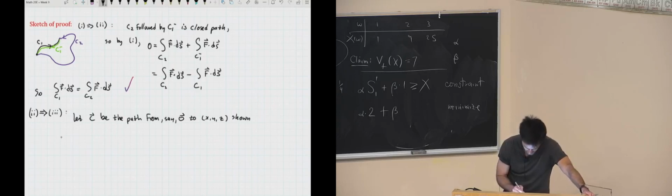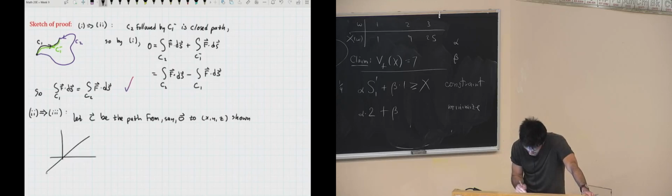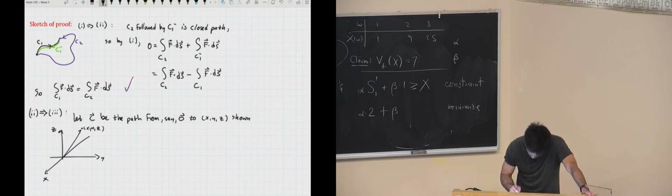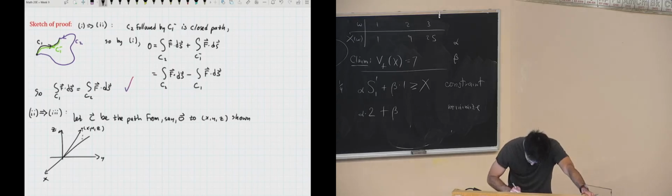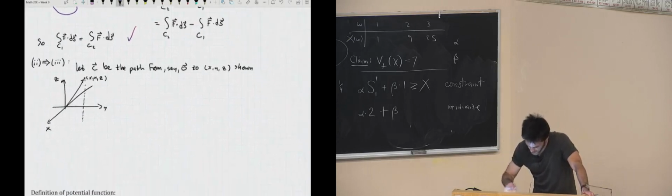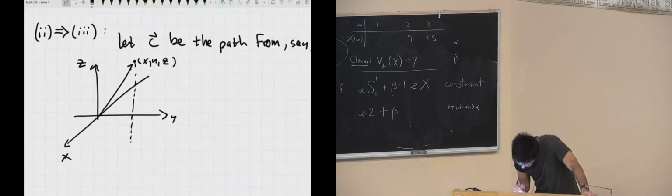So let me draw it here. Say if this is the x-axis, y, and z-axis, and let's say here's the point x, y, z. Now if I project it down into the x-axis, here's the path C. First travel along the x-axis to the point x.